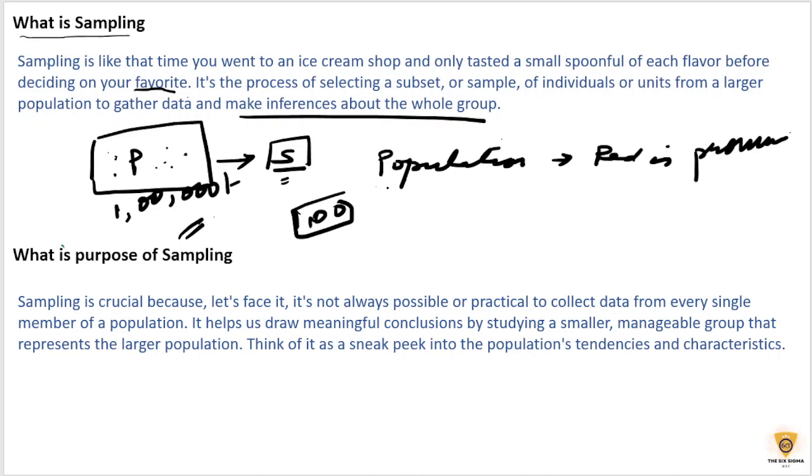So it helps us to draw meaningful conclusions by studying a smaller, manageable group that represents a larger population, right? So इन्हीं 100 में से मैं इन 1 लाख का एक इन्फ्रेंस ड्रॉ करूं. So that's the purpose of sampling.